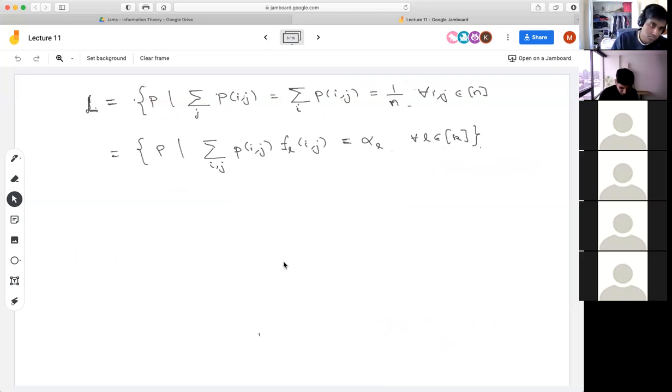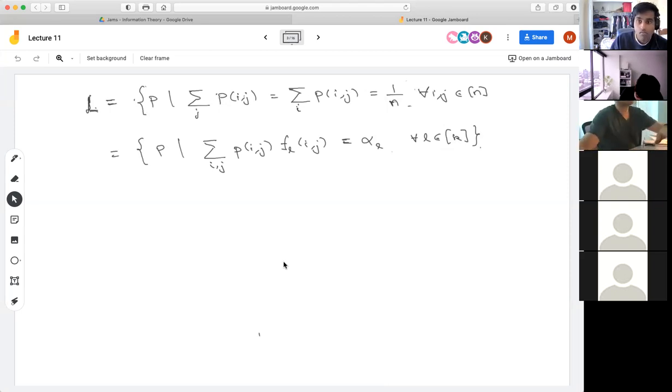So let's think of writing down the conditions we want on our target distribution P, which is a distribution with probabilities written in the entries of a matrix such that every row adds up to 1 over n, and every column adds up to 1 over n.